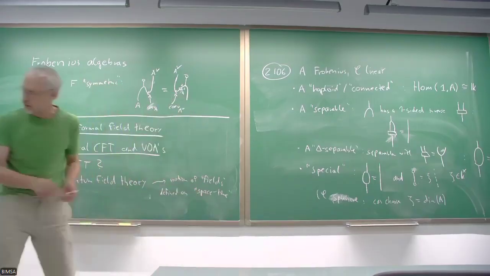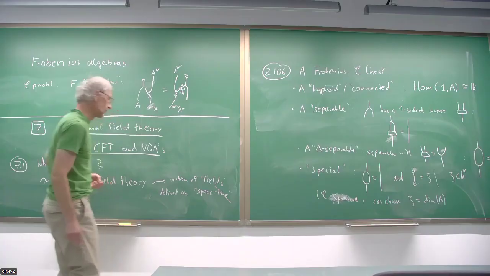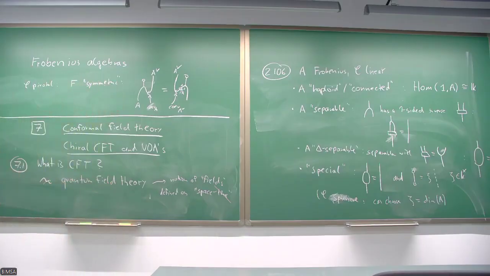Actually, in the application that we will have, if I have a metric, it will be of Euclidean signature, and then we just call this space. But these are just names.